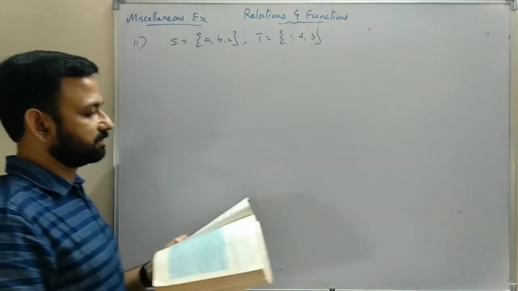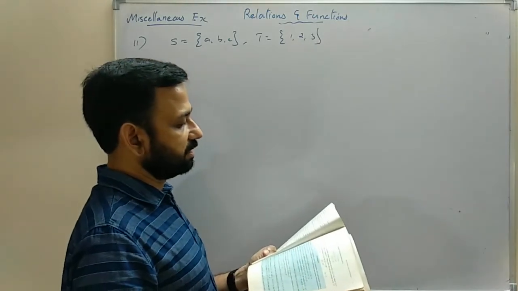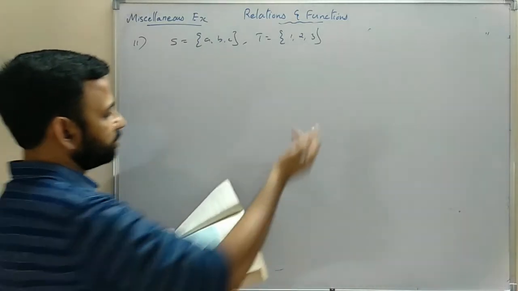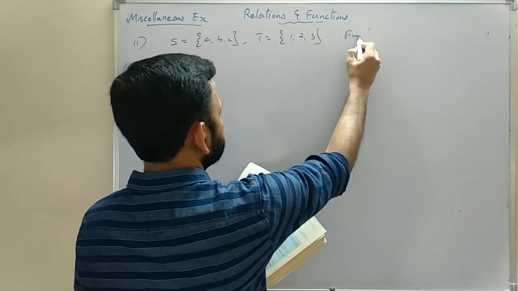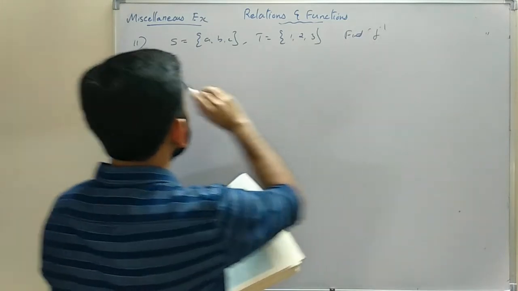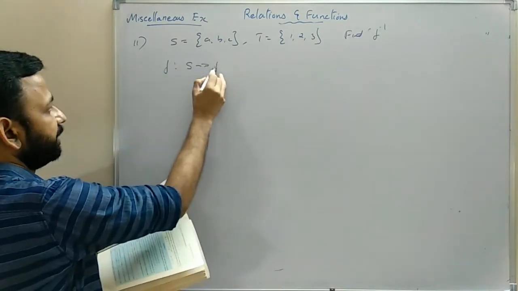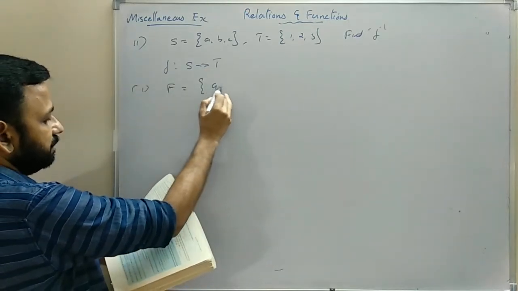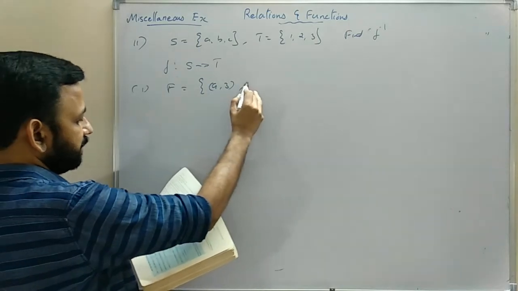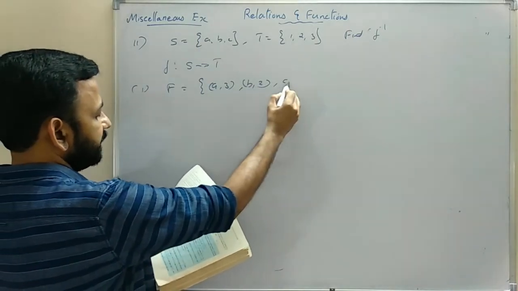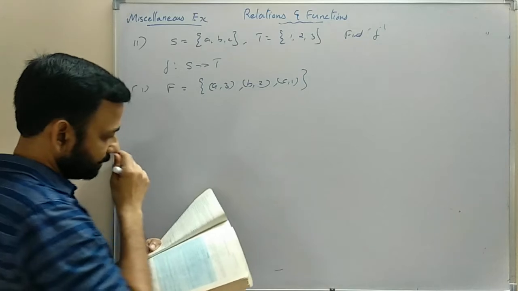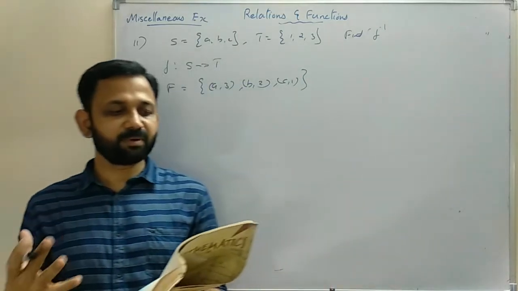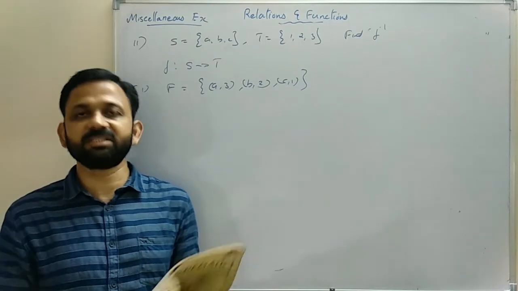Find the f inverse of the following functions f from S to T. f is a function from S to T. Then the first part, f is equal to {(A,3), (B,2), (C,1)}. So here our question is, find the f inverse of the following functions f from S to T if it exists.